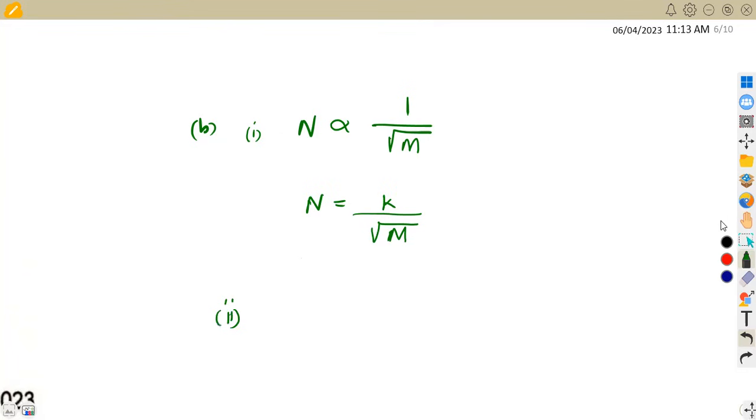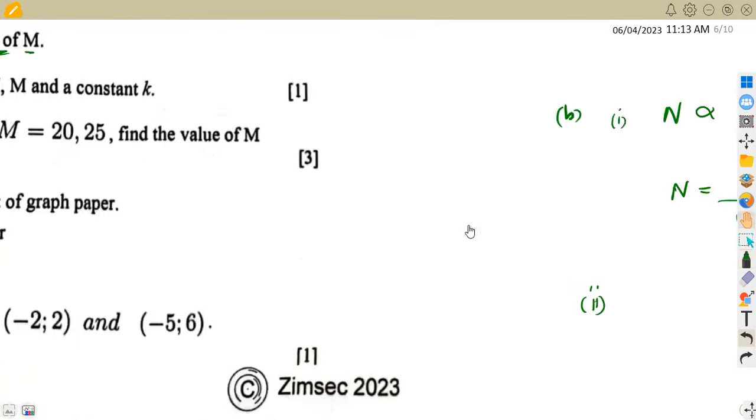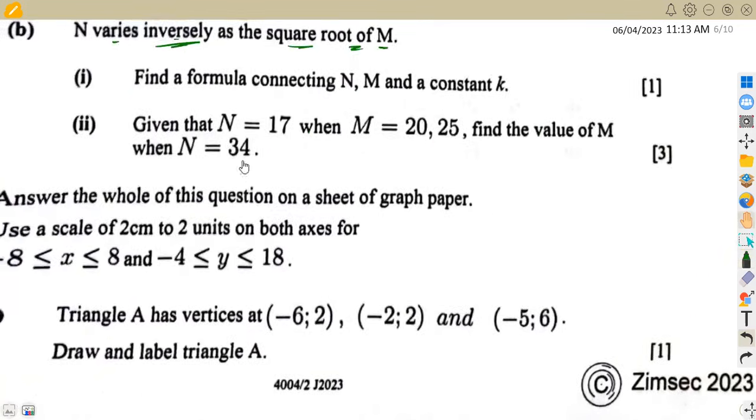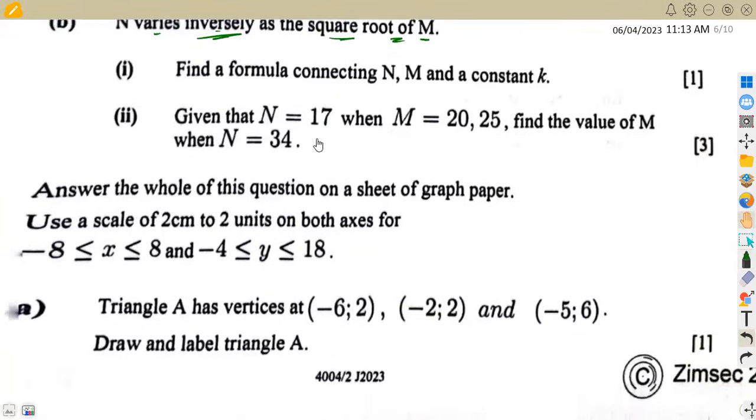All right, so let's check item 2. Now we are given that N is equal to 17 at a condition where M is 20,25. Take note, this is another statement on its own.